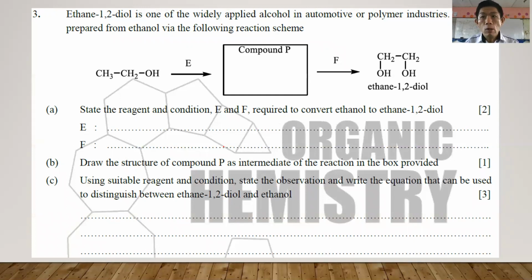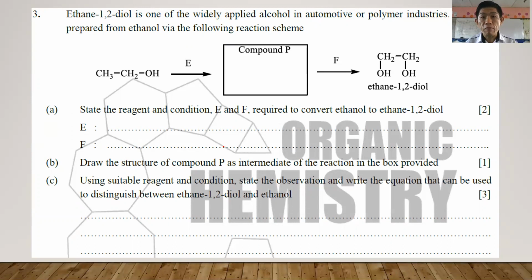A diol can usually be formed by reacting an alkene. These are the points that you have to come up with on your own. How do you form a diol easily? Usually a diol is formed when you react an alkene under cold alkaline potassium manganate. That is why, for the ethanol in here, we first have to convert it to an alkene.